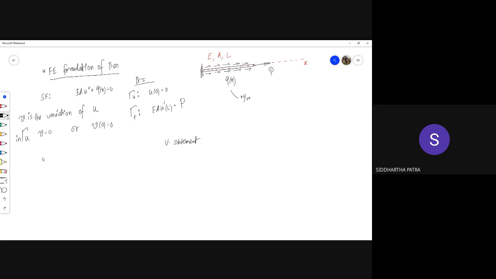So now we had the following expression, true for all V satisfying this essential boundary condition. Okay.